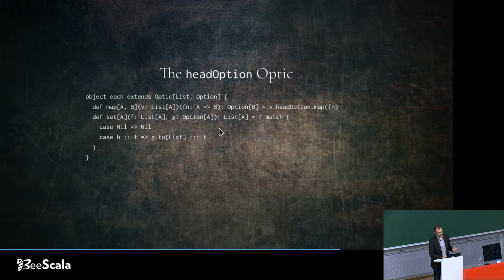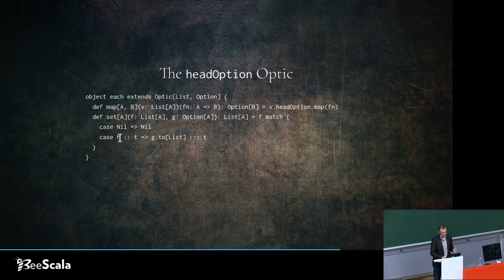And then the setter is now slightly more interesting. It's not just returning G, because we don't want an option returned. If we update the head element on a list, we still need to get a list back. We can't return an option. An option would be badly typed. So we look at the original list, F. If it was empty to begin with, then there's no head to be changing, so we leave that as empty.